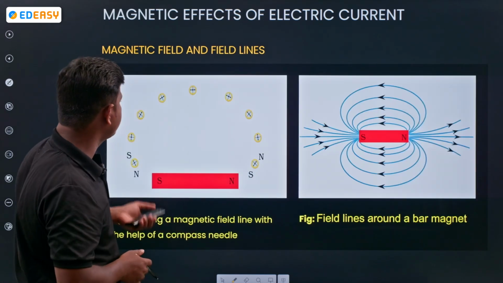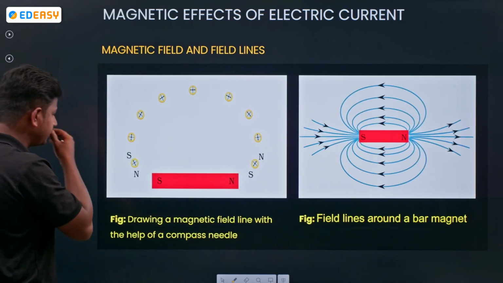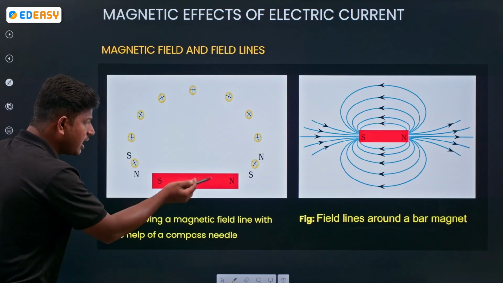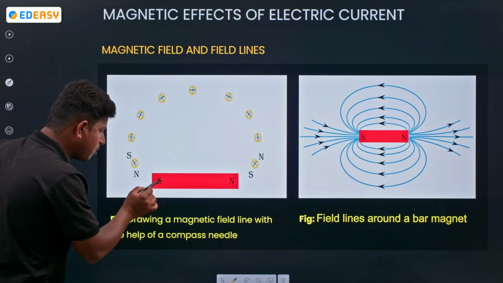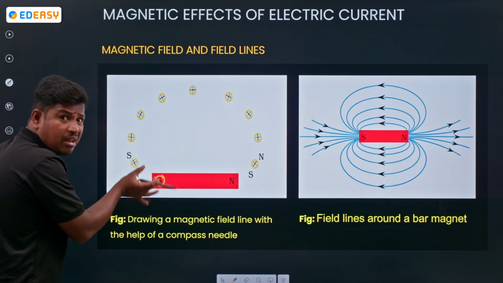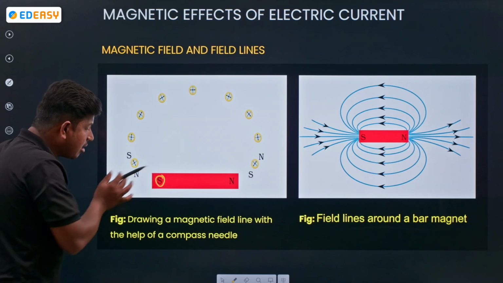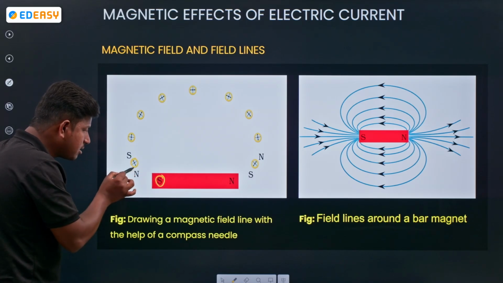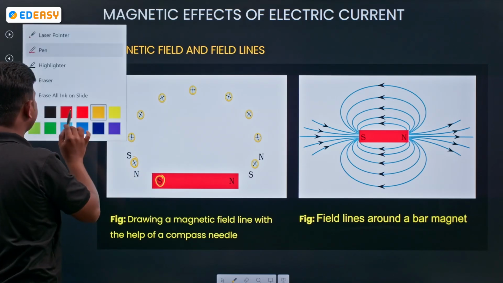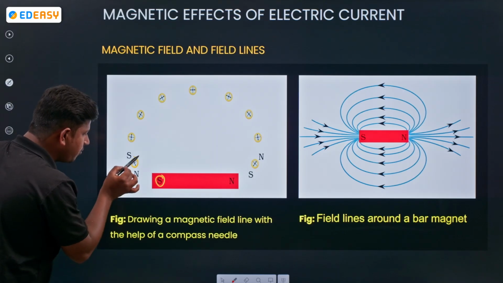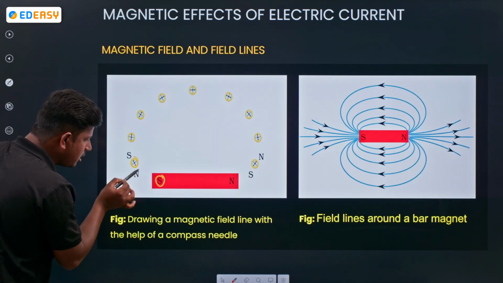If you want to see better, look here. Here I am taking a bar magnet with the south pole. If I place a magnetic compass, look at the compass. Which pole is it?